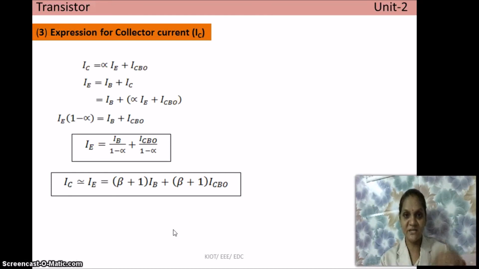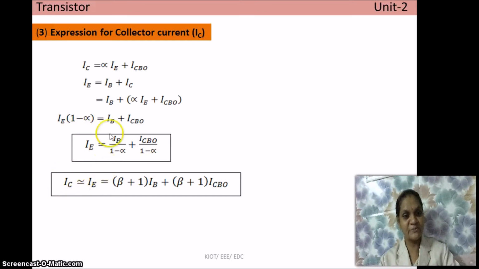The collector terminal is grounded. Once the terminal is grounded, it is somewhat difficult to find the current flowing through the grounded terminal. And moreover, the emitter terminal is the output, emitter current is the output current. So it is easy to find the output current.